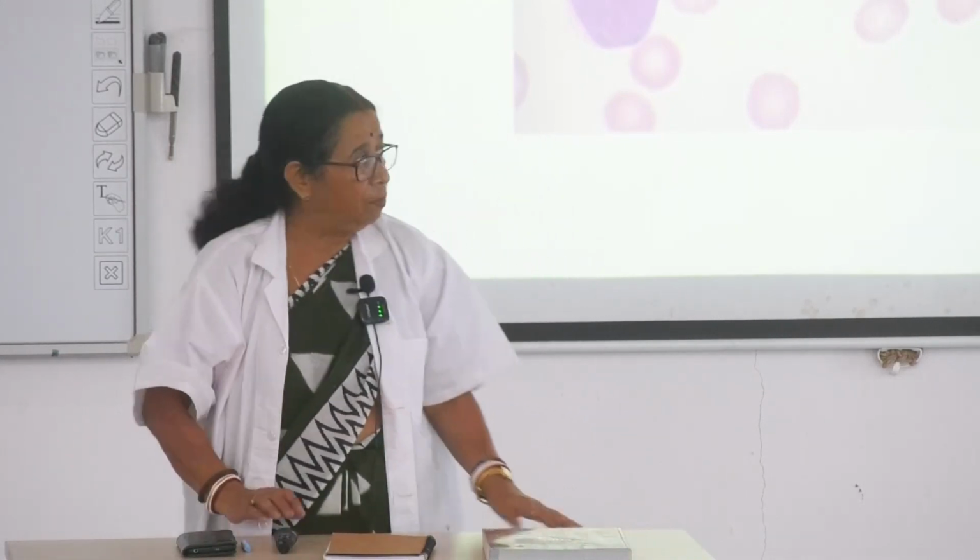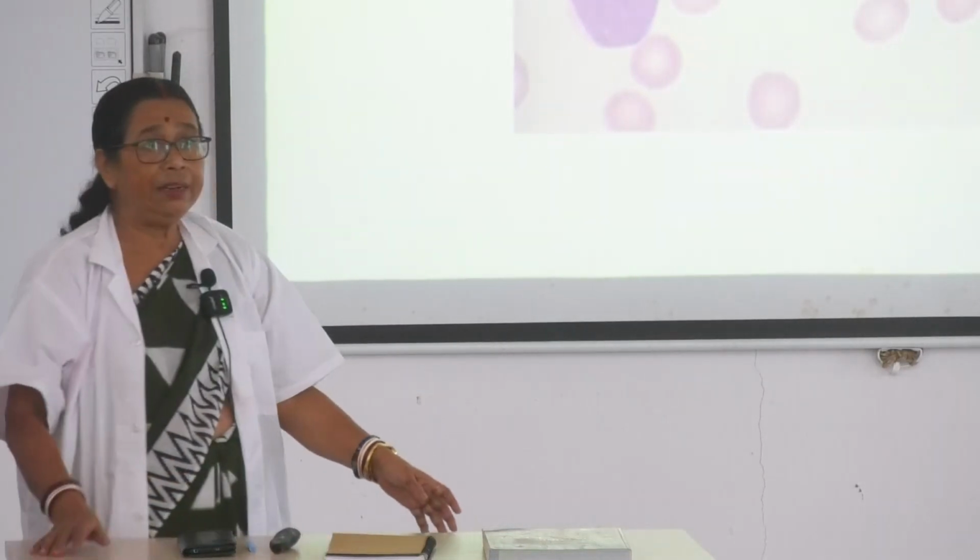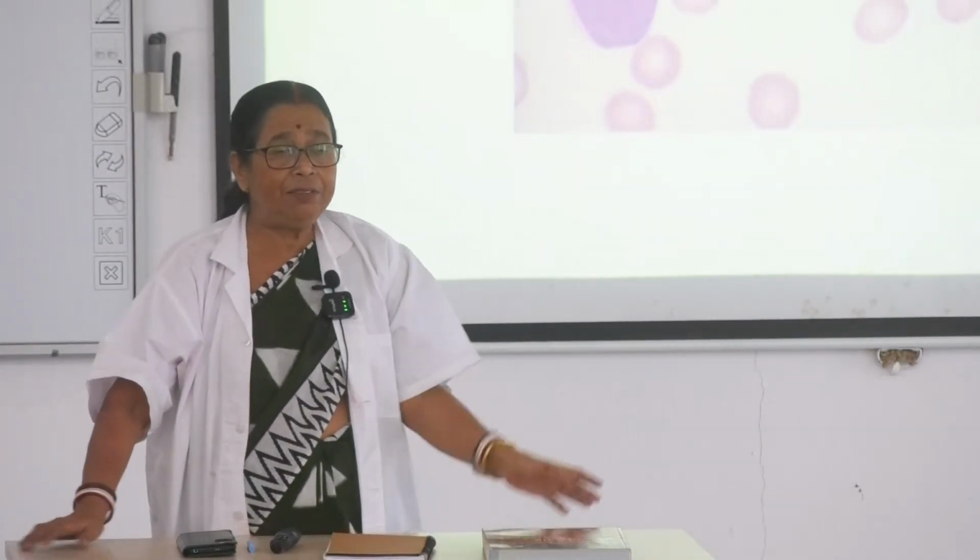RBC কাউন্টের সাথে MCV ক্যালকুলেট করে PCV বার করে হেমাটোক্রিট, দ্যাট ইজ মোর অ্যাকুরেট। আর আমরা ম্যানুয়ালি করি, সেখানে আমাদের ভুল হতে পারে। তারপরে আমরা সিবিসি করলাম। সিবিসিতে কী দেখবো?